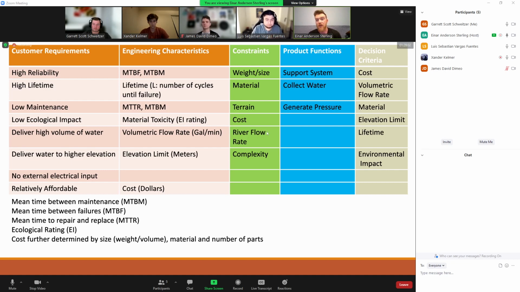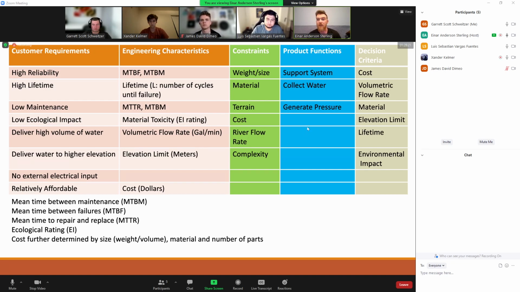Some of the constraints that we'll have for this device will be weight and size, the material that we're going to be using. Terrain will also be a huge one, and also cost and complexity. And again, river flow rate will also come into play with that as well.